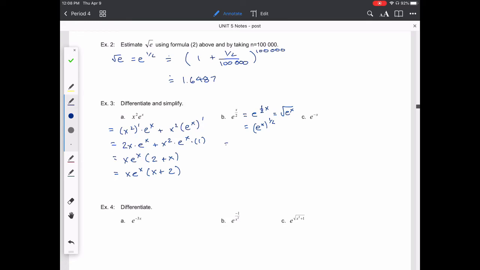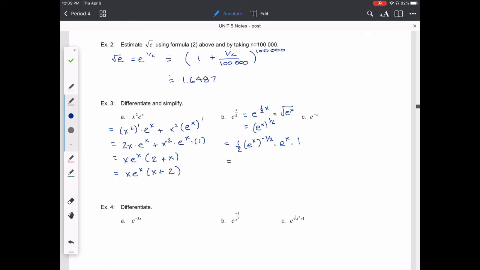So if I'm taking the derivative, basically I take the derivative of the whole entire function. So it's going to drop to 1/2. We have our e to the x to negative 1/2 times the derivative of the inside function, which is e to the x, times the 1. I'm going to clean this all up.